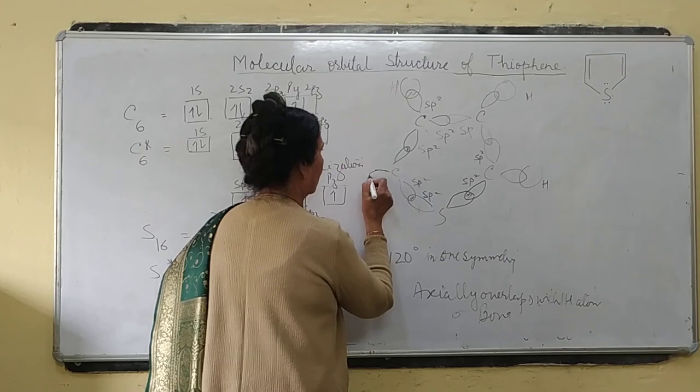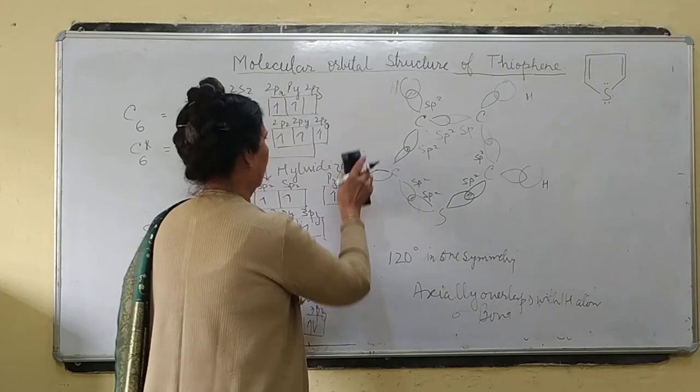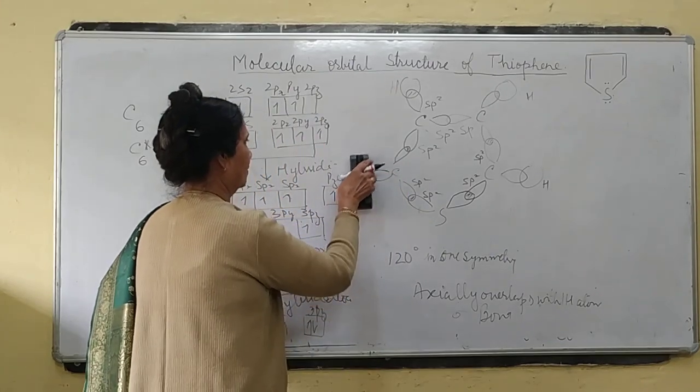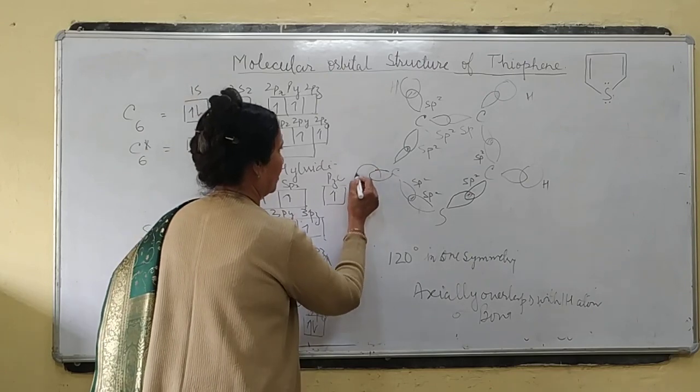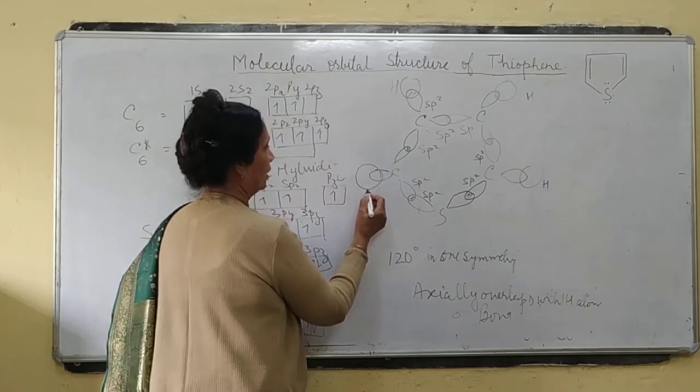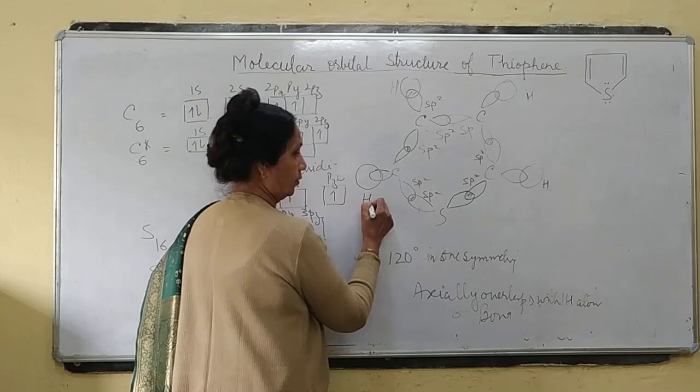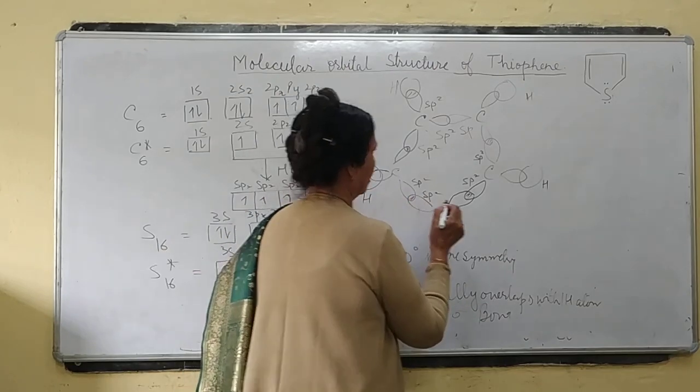This carbon atom having an sp2 hybrid orbital axially overlaps with a hydrogen atom, forming a sigma bond.